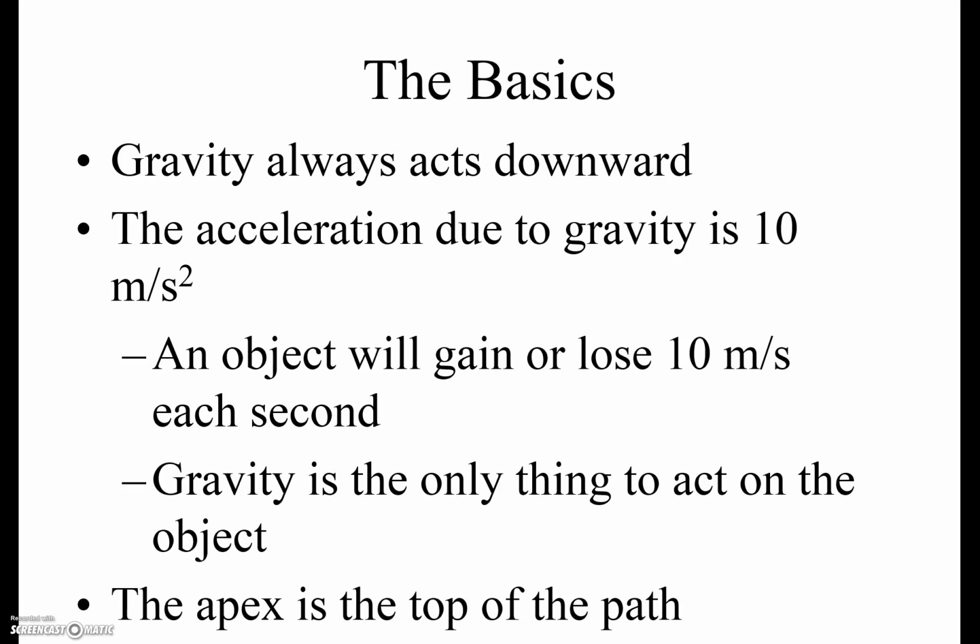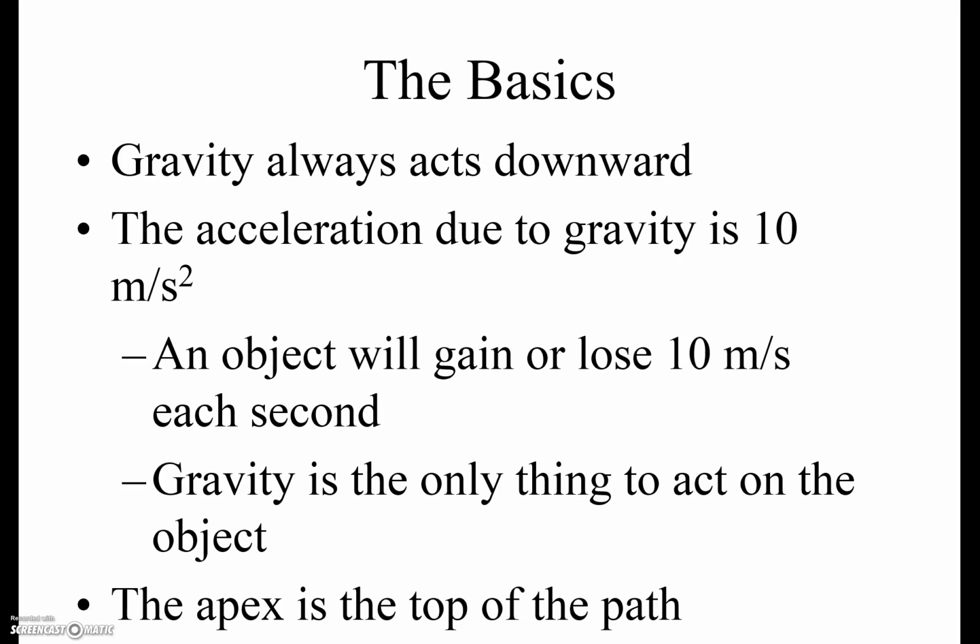We're also going to talk about something called an apex. And the apex is the top of this up and down path. So just think for a second, if we have a ball in our hand and we throw that ball up, it's going to start at an initial velocity.